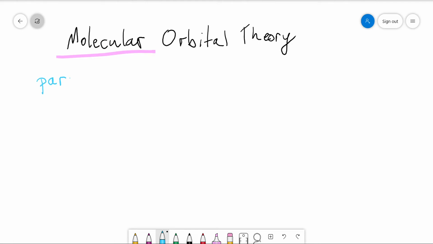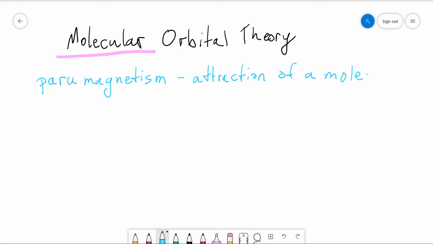One is paramagnetism. Okay, you guys are all familiar with refrigerator magnets. Those are called ferromagnets. But there are different types of magnetism. And paramagnetism is the attraction of a molecule to a magnetic field.